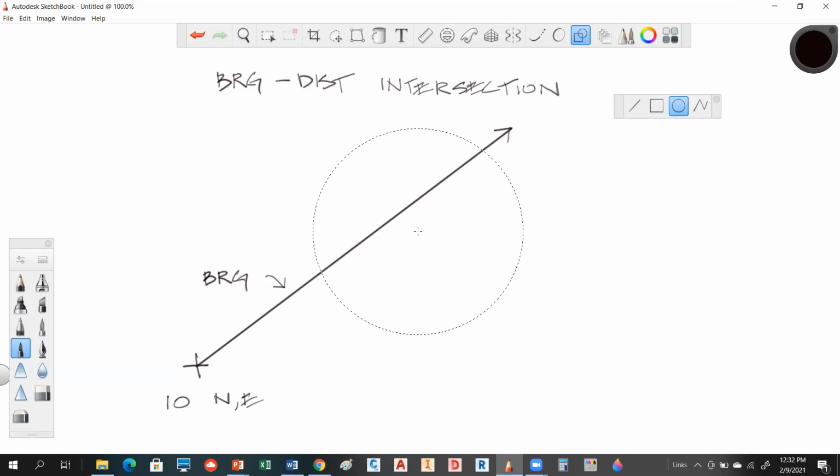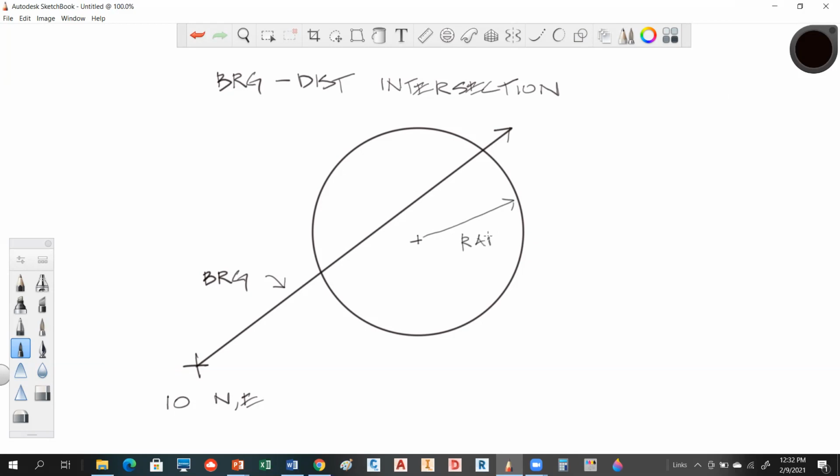So in this case, I have another known point that's sitting in the center of this circle. And what I actually know is the radius, and the radius refers to your distance.